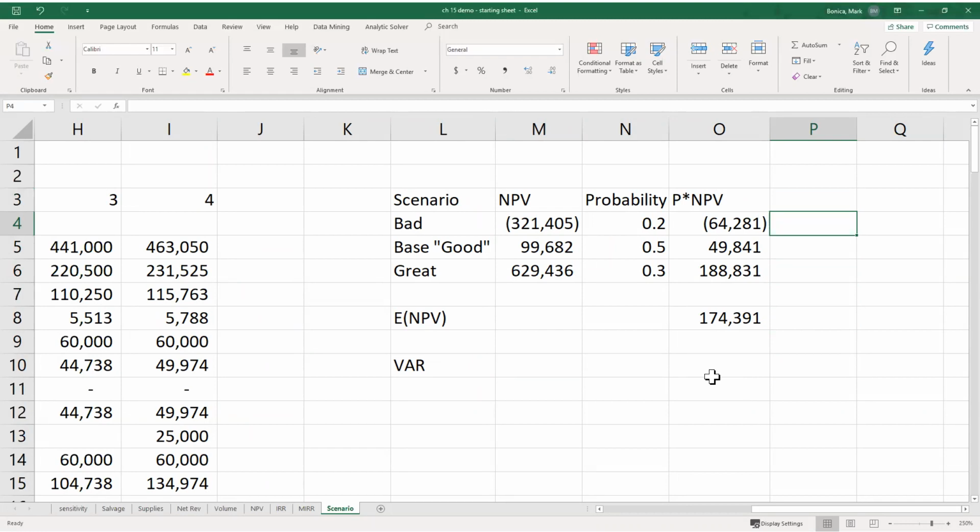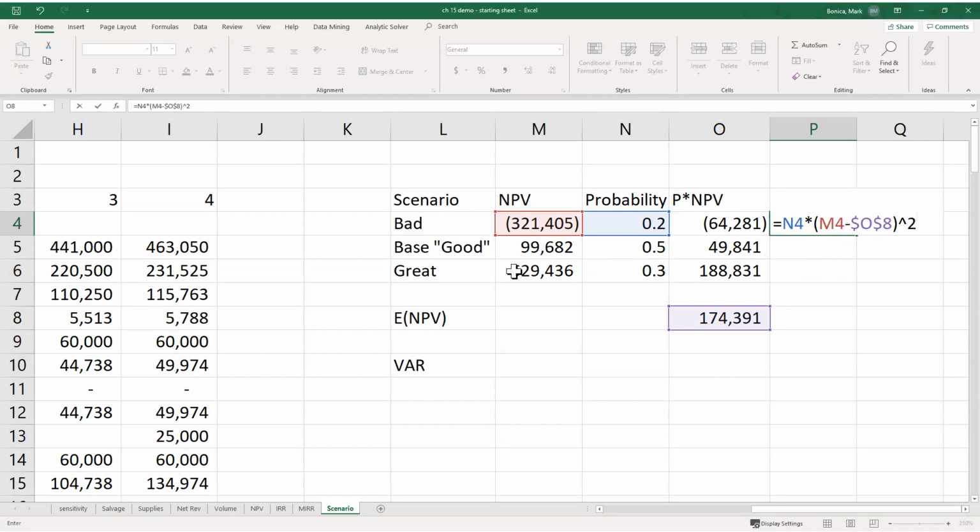So the variance calculation is going to be the probability times the outcome minus the expected outcome, right? And I'm going to go ahead and lock that because I'll be able to just copy this formula down, squared. Okay, so when I copy this down, N4, the probability, will become N5, which is 0.5.